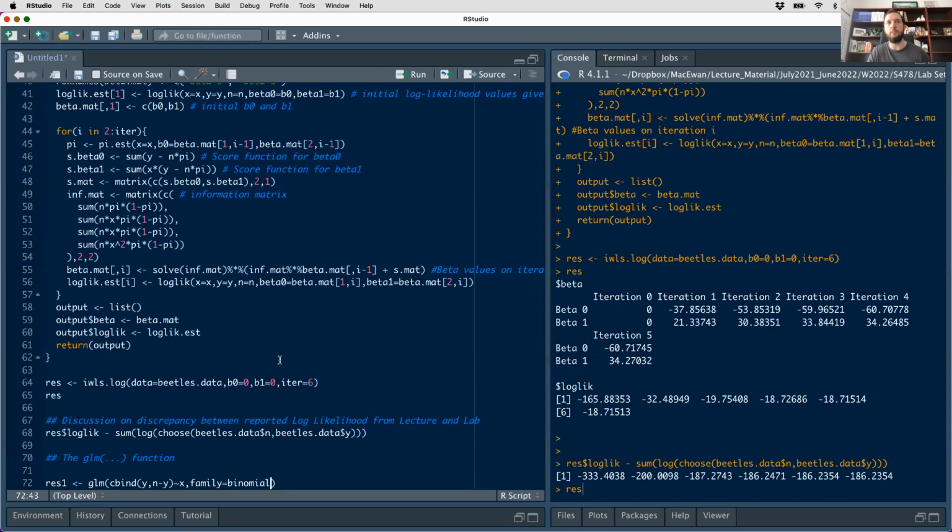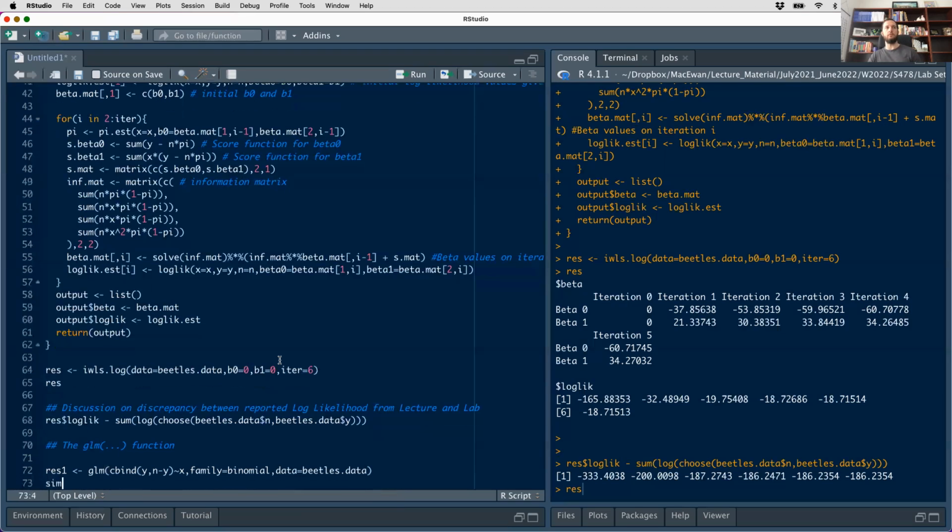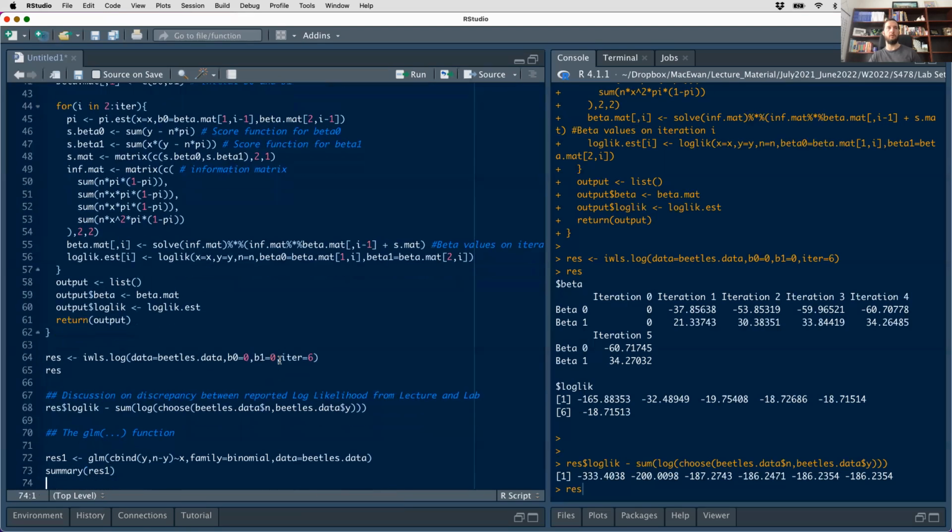Whether we specify nothing or write link equals logit, we're going to get the same output. If we want to switch to a different model, all we have to do is change the link function here, and I'll show examples of that next week once we discuss those other models. And then I just have to give the data frame, the Beetle's data. As I said, it's a pretty straightforward function to use. There's nothing too tricky about it.